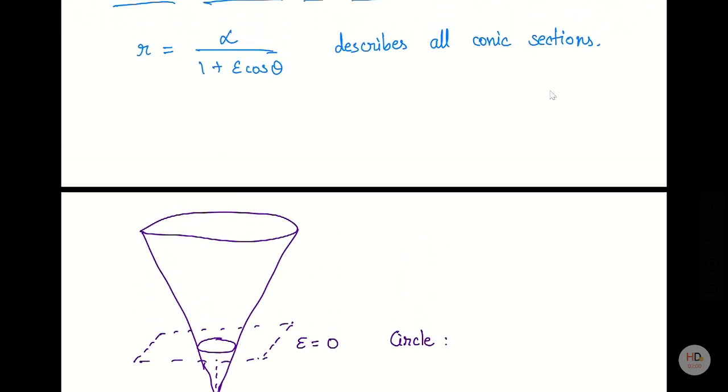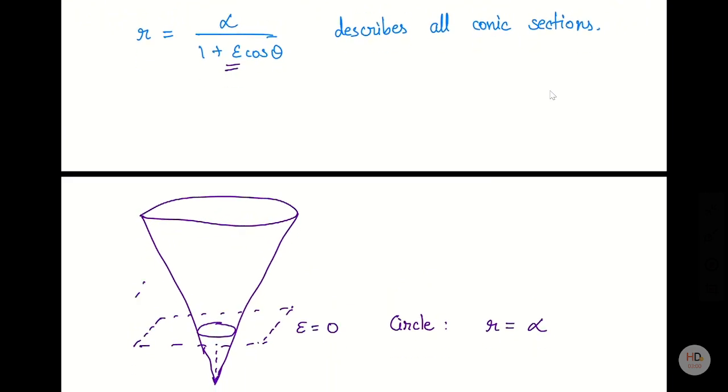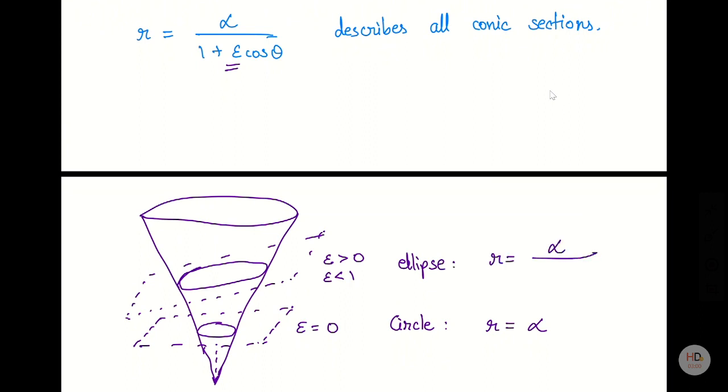Okay, so the equation would be r is equal to alpha, right? Epsilon is 0. We can cut it slightly at an angle, but not too much, and what you get is this kind of elongated circle. So epsilon greater than 0, but less than 1, and now it's an ellipse, for which you have r is equal to alpha divided by 1 plus some number epsilon between 0 to 1 times cosine theta.